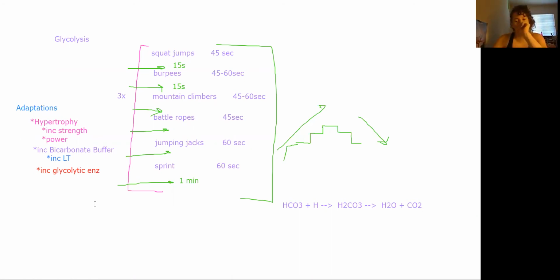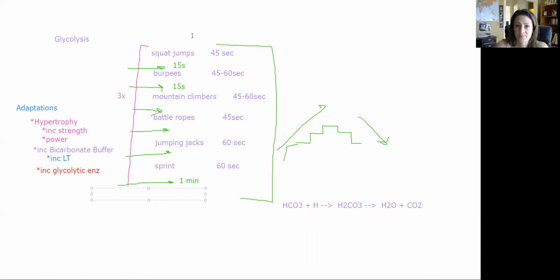Phosphofructokinase. Good. Glycogenolysis. That's not an enzyme. Oh yeah, glycogen phosphorylase. Lactate dehydrogenase. Those are all glycolytic enzymes. So you get more of those. It makes this system more efficient. You can produce the ATP faster.